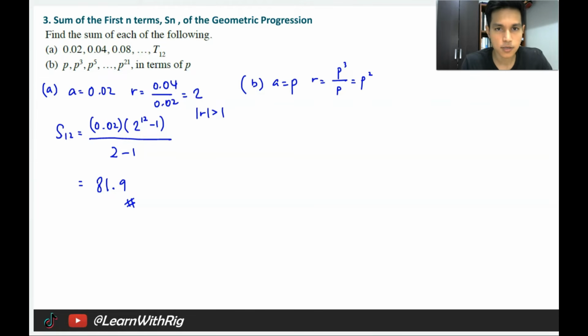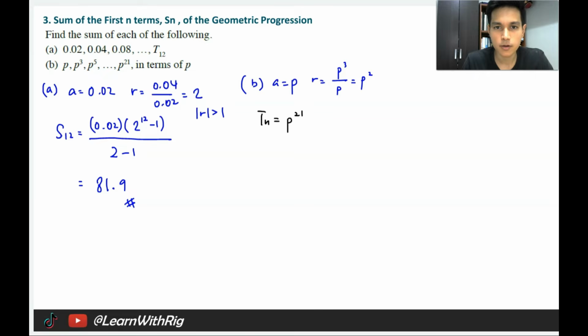The problem is, you cannot straight away use the formula because you don't know how many terms there are. But you do know that the last term is P to the power 21. So we want to know how many terms there are, so we have to start with this. Tn equals P to the power 21.